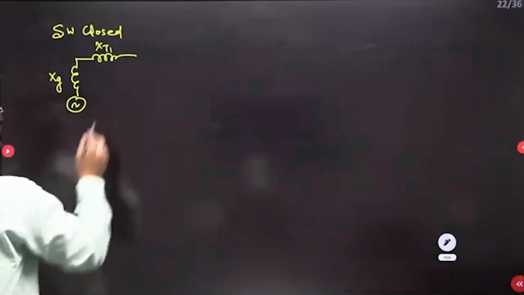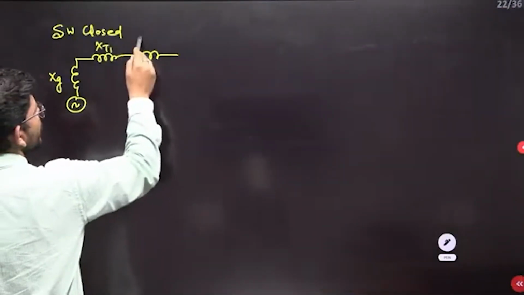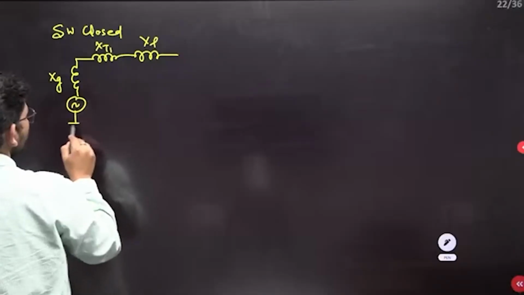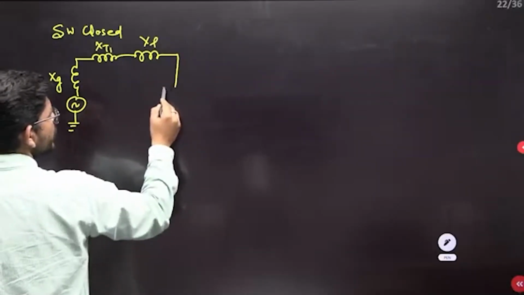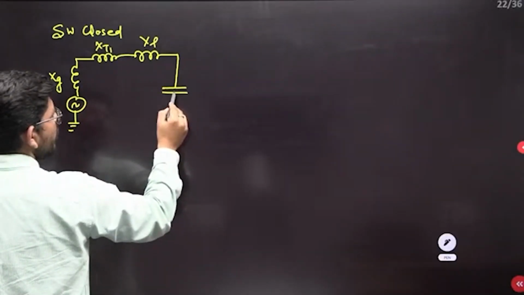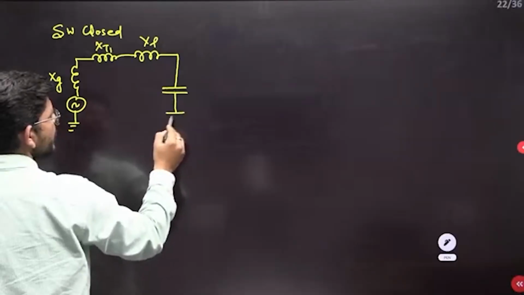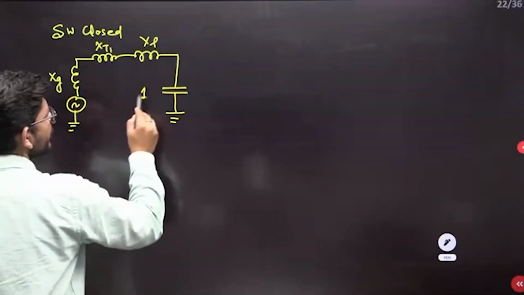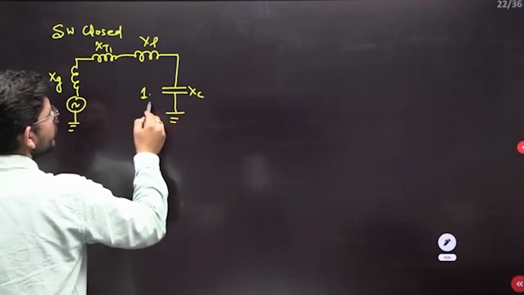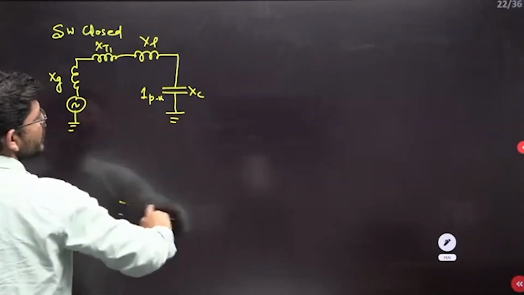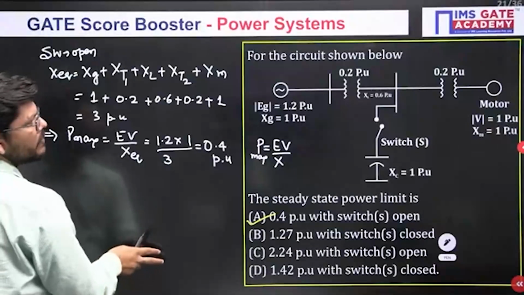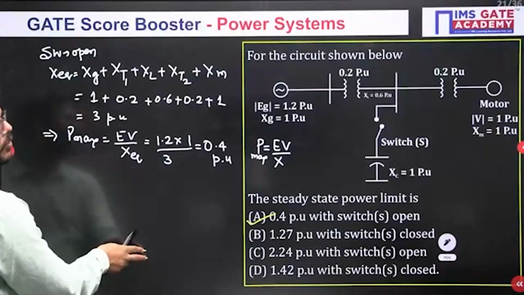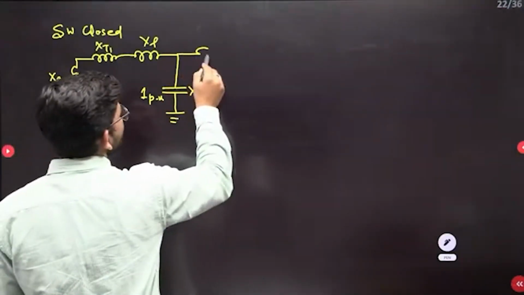Then we will have the transmission line as well, X of L. And then there is a switch which is now closed, so it will add a capacitance, X of C, whose impedance is 1 per unit. Now after that we have the transformer and motor, which have 0.2 and 1 per unit of reactance.